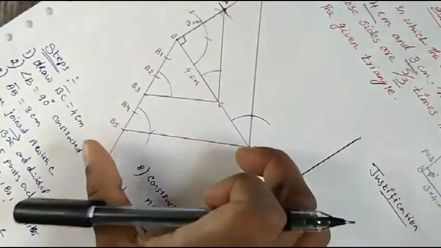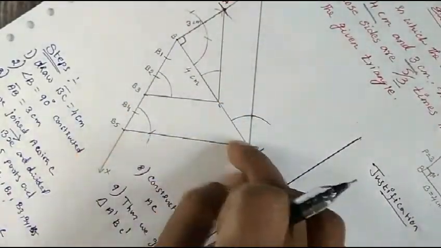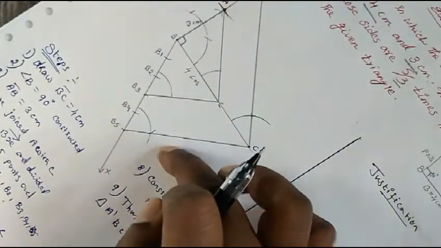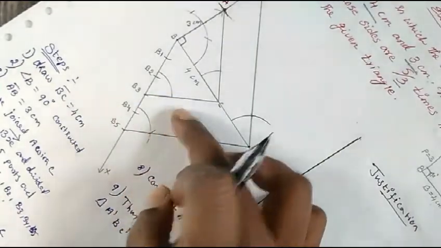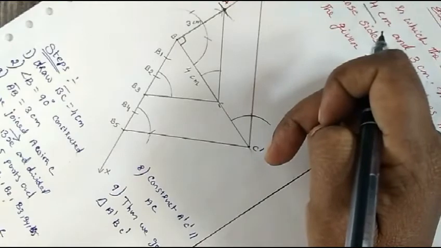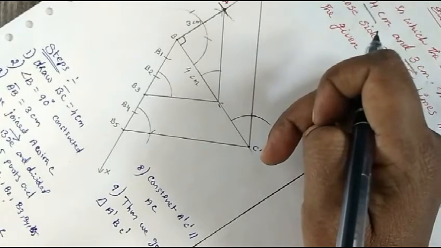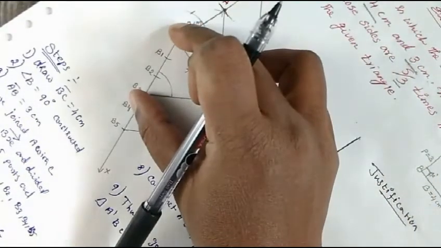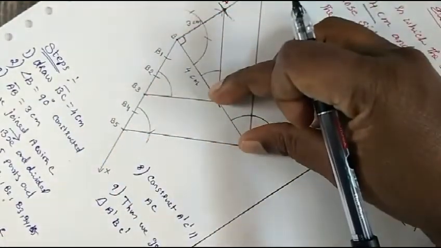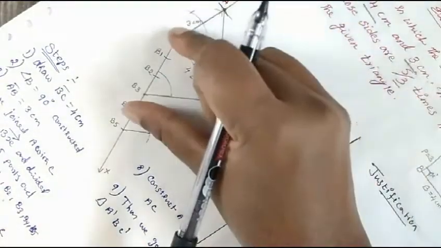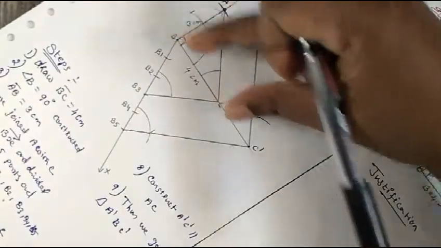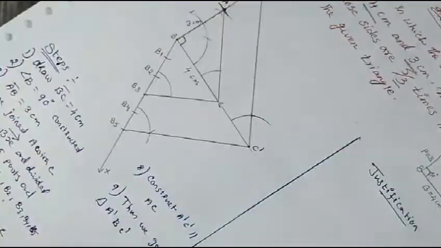For this base, when we draw a parallel line, whenever for a triangle you draw a parallel line to one side, that line will divide both the sides in equal ratio. That we call the basic proportionality theorem. So that's what we are going to write. B3 upon B3 B5 will be equal to BC upon C dash.